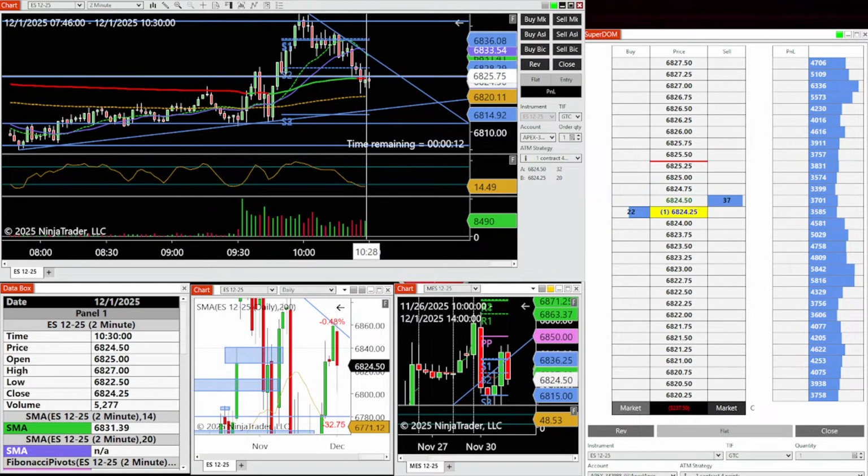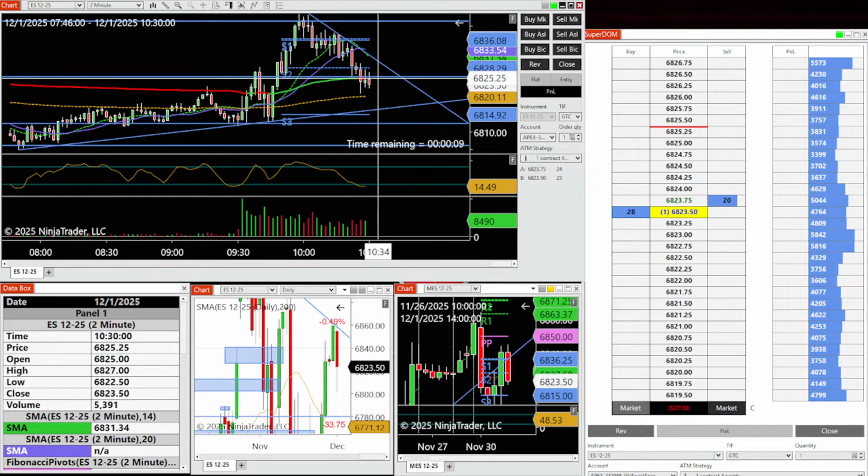Right now we're over and under VWAP. I don't want to get caught there, over and under 25.